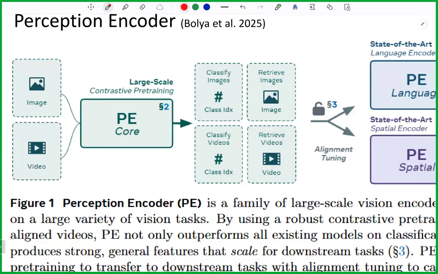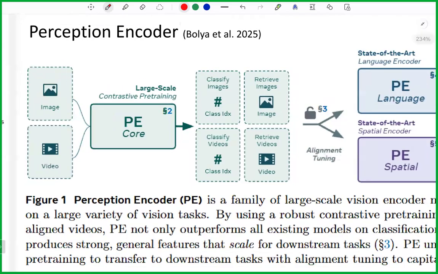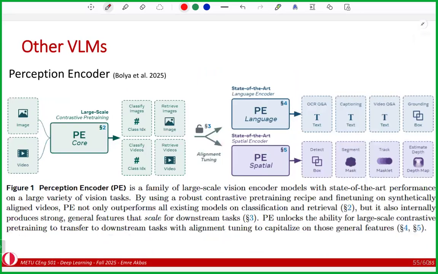Among all the VLMs, I think Perception Encoder is now giving the best results on many datasets. They also have released a video caption dataset. But as I said, there are many VLMs, and we have seen the major ideas.